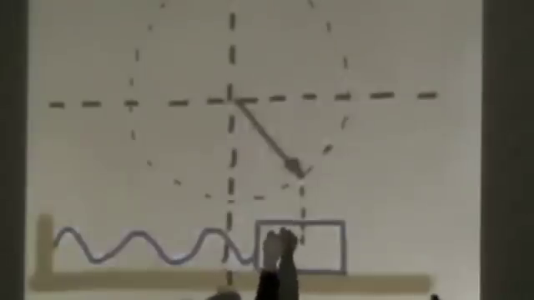We set up things in such a way that that is the case. No matter where the object is, the one that is doing circular motion, if you draw a line all the way down that crosses the x-axis, that would coincide with the location of the block, right? At all times it would coincide.